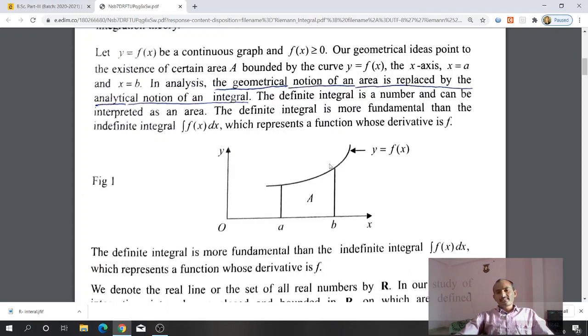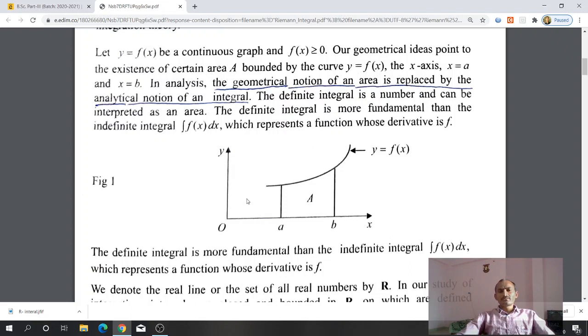If we analyze this graph geometrically, this area A is actually the notion of the area represented by the integral of f of x dx under the limits a to b.